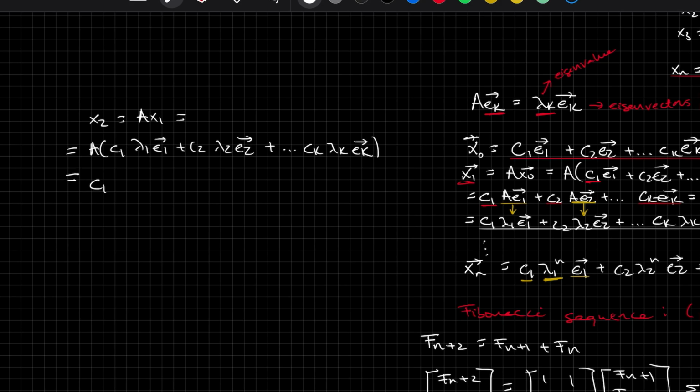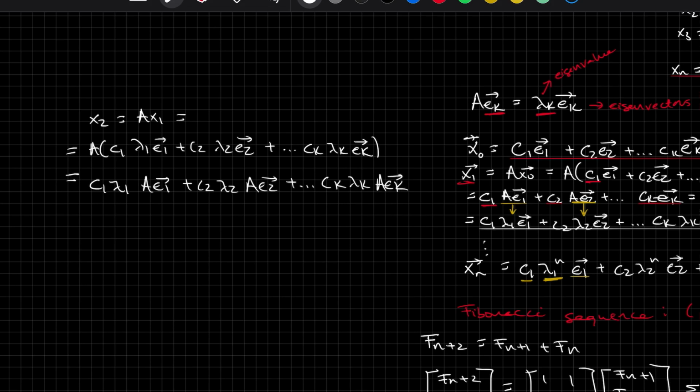So I can do c1 lambda1 A e1 plus c2 lambda2 A e2 plus ck lambda k A ek.